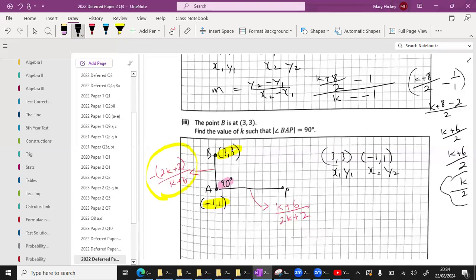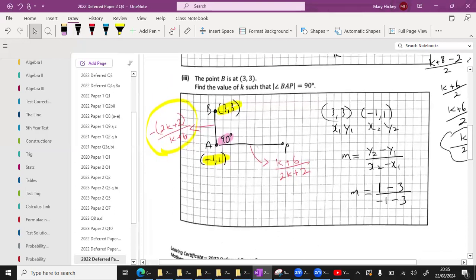So that is the slope, y2 minus y1 all over x2 minus x1. So that is y2, which is 1, minus y1, which is 3, all over x2, which is minus 1, minus x1, which is 3. So I'm finding that I have 1 minus 3 is minus 2, minus 1 minus 3 is minus 4. So the slope, in fact, is positive 1/2.